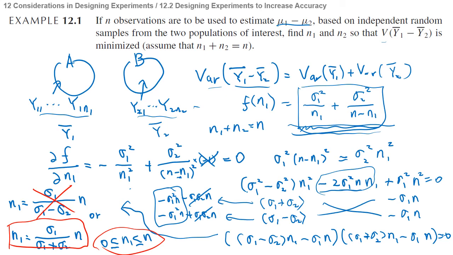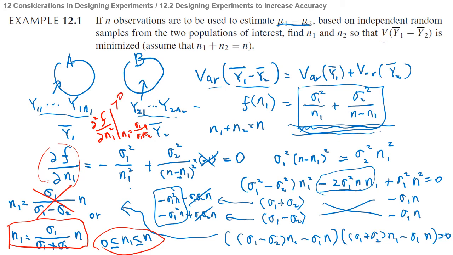You also need to check that the second derivative of f, evaluated at n1 equals sigma 1 over (sigma 1 plus sigma 2) times n, is greater than 0.